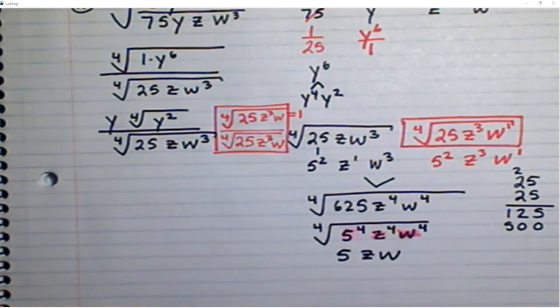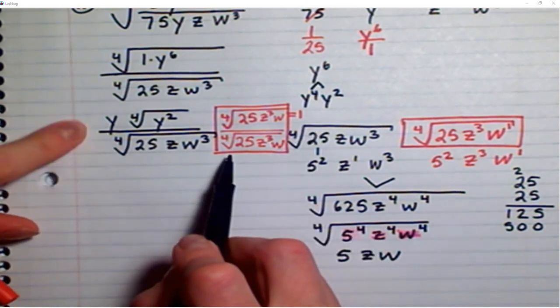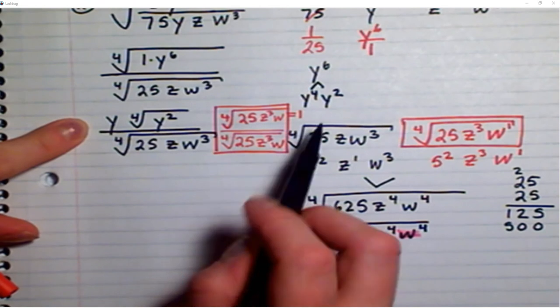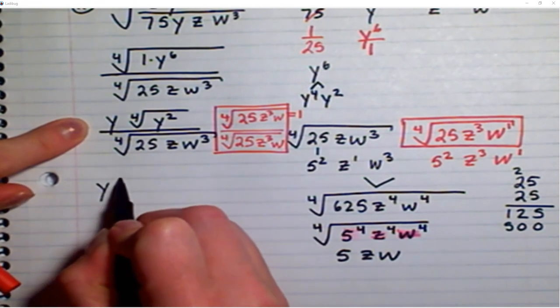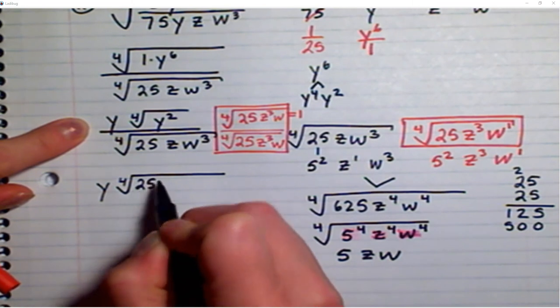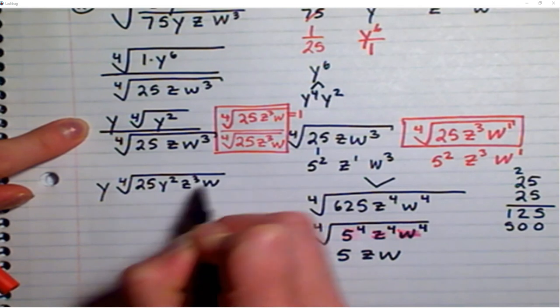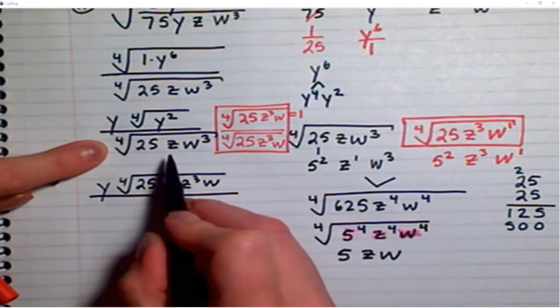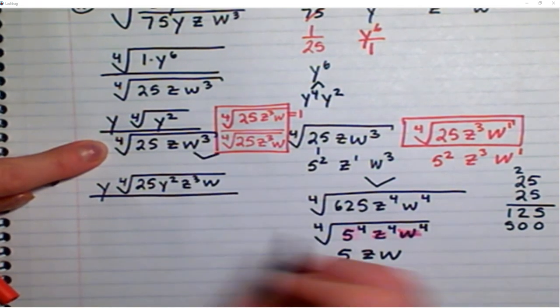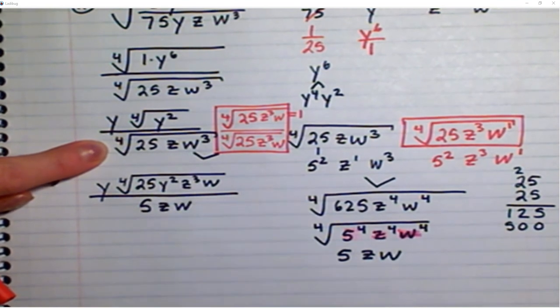Okay, so that's step 2, right? I got my rationalizing done, got the roots. Now I'm going to multiply straight across. 25y squared z cubed w all over, okay, I already did this, so it's 5zw.